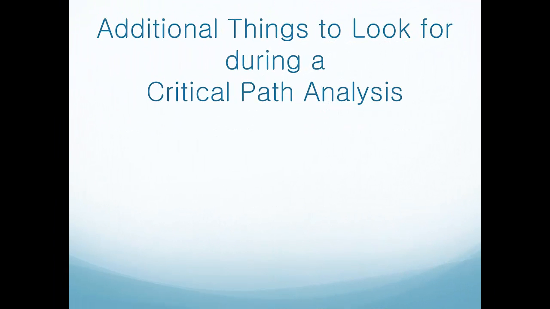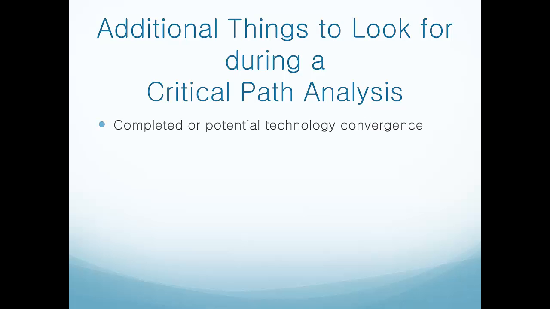There are some additional things to look for during your critical path analysis. One of the examples of such additional things to consider is completed or potential technology conversions. So the question now is then what we mean by technology conversions.